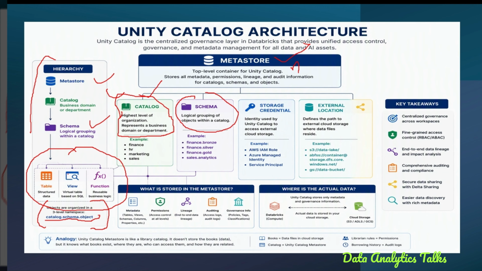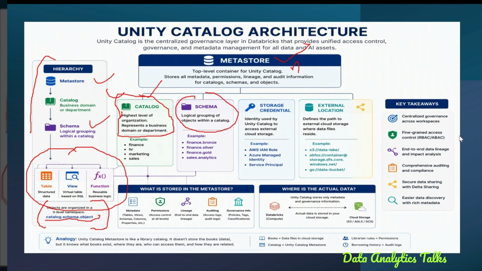This is how you are going to register your object to the Unity Catalog using a three-level namespace: catalog, schema, and object. We can give some examples like finance.gold.customer. What does that mean? Under the finance catalog, under the gold schema, we have a customer table.